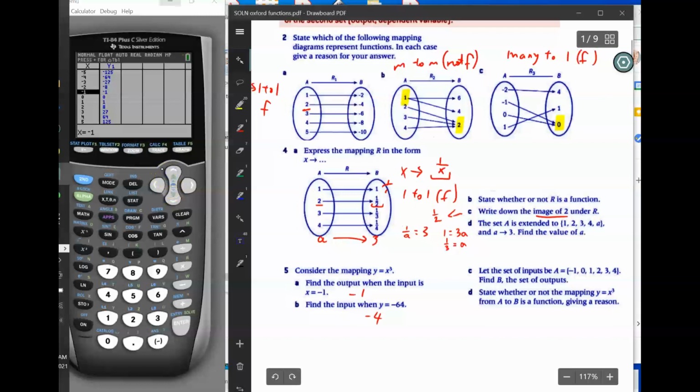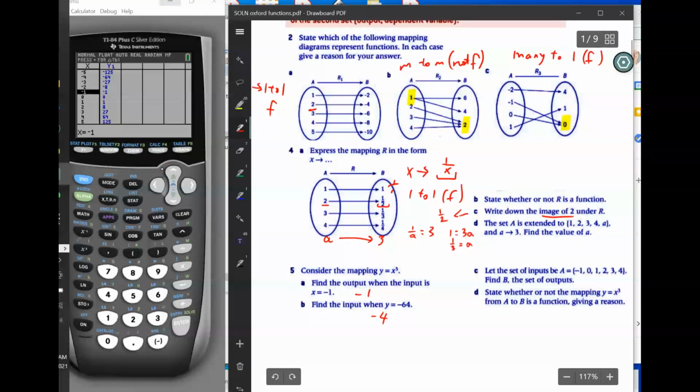So -1 corresponds to -1. 0 corresponds to 0. 1 corresponds to 1. 2 corresponds to 8. 3 corresponds to 27. And 4 corresponds to 64. Okay. And that was the set of outputs B. So I just listed them there. It's nice to put commas in between them.